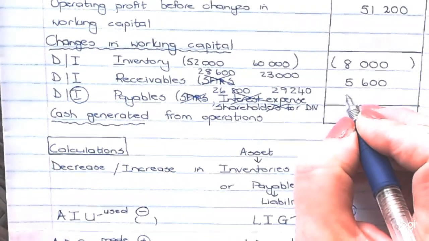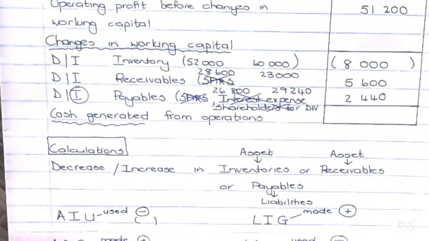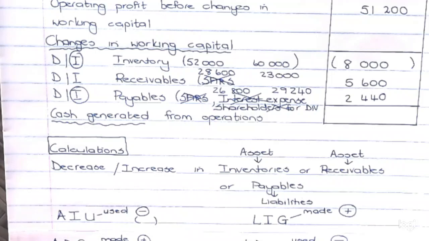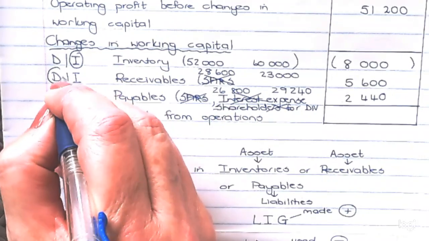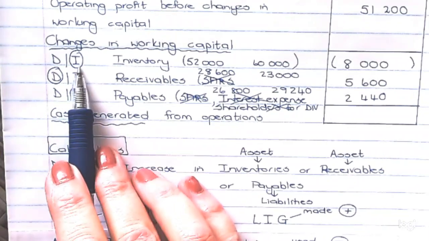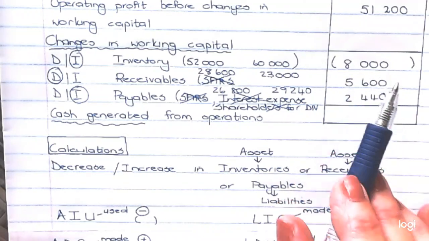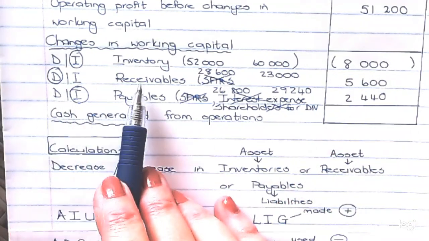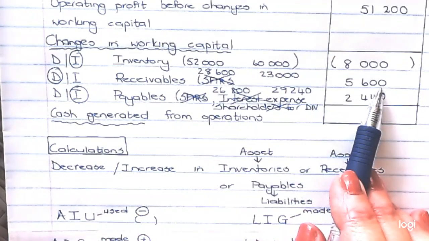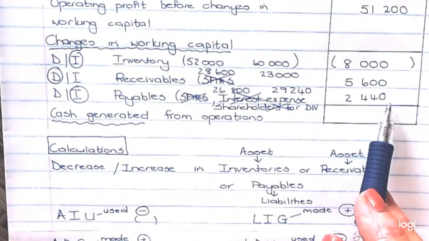So it is a positive 2,440. I just want to repeat this again. Here we have an increase. Here we have a decrease. And here we have an increase. And now look at this. The increase in the inventory caused us to have an outflow of 8,000. A decrease in receivables caused us to have an inflow. An increase in the payables caused us to have an inflow.